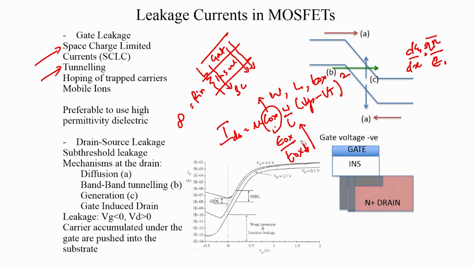We say that we do not scale down Tox all the way. We instead pick an insulator which has got a high permittivity, and we improve epsilon ox and therefore improve Cox, while trying to keep Tox the same or while trying to scale down Tox just a little bit. Okay.